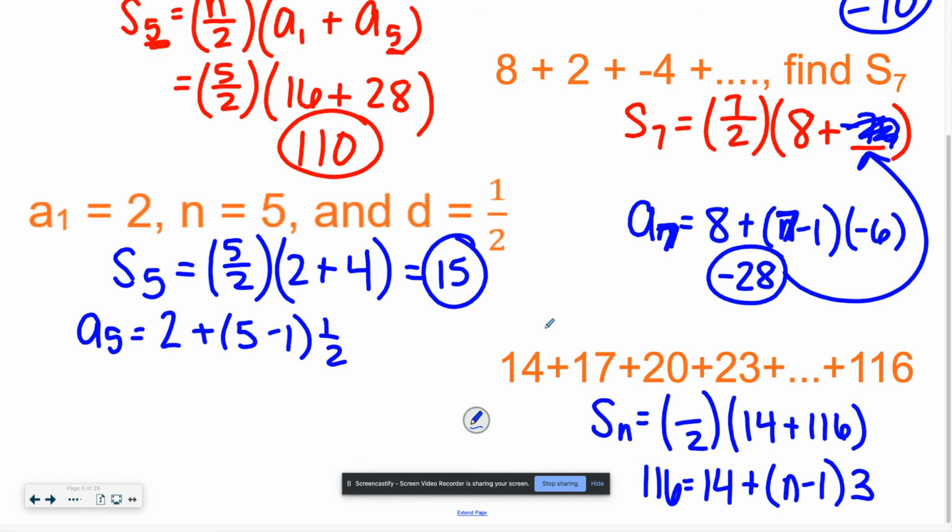So I find out my n value is 35, and I just plug that in. And I get 2,275. That's a 5 there. My board's not letting me write it. 2,275.